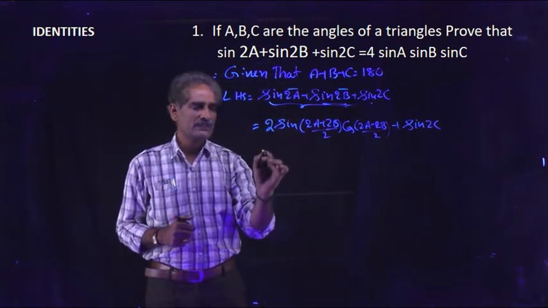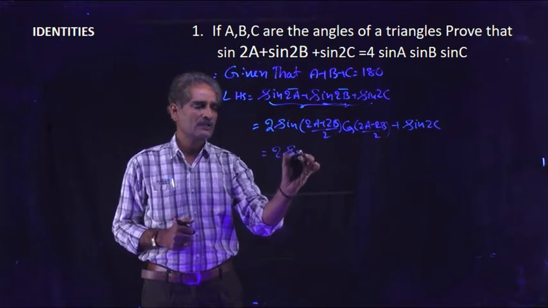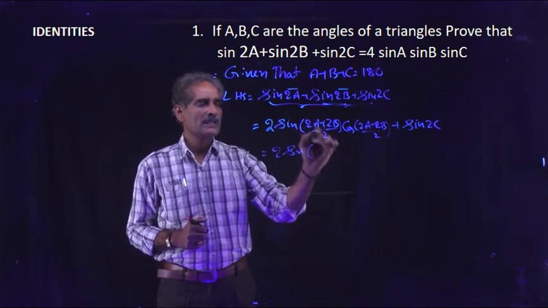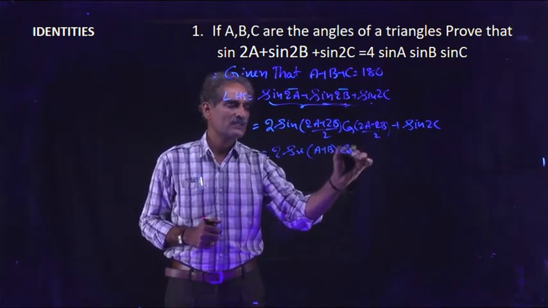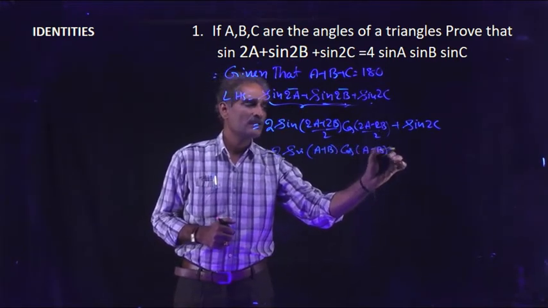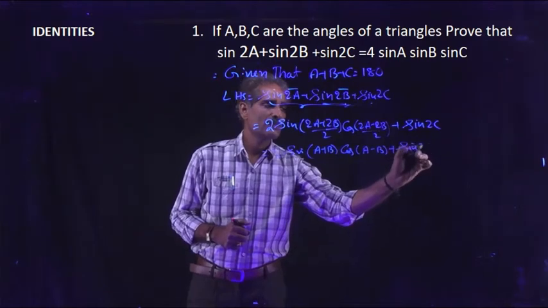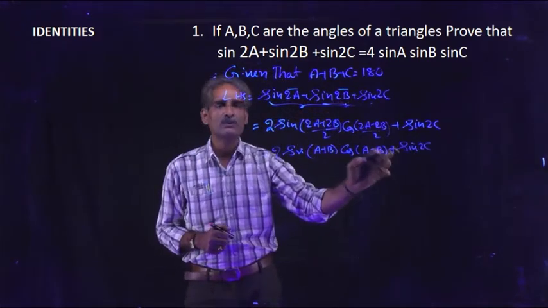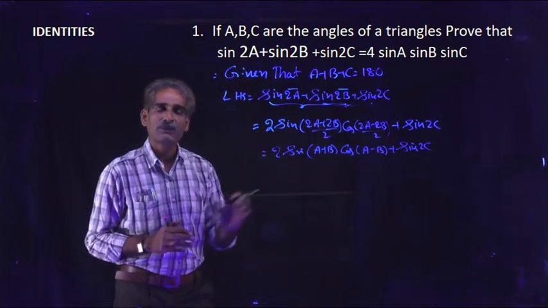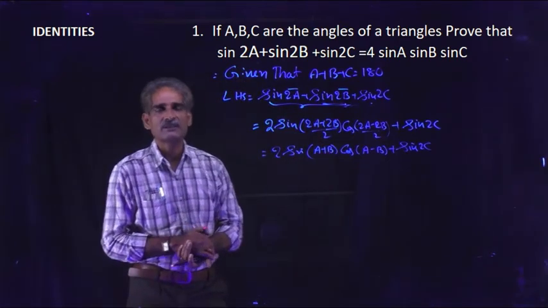Here we also get cos (A minus B) only, plus sin 2C. So here there are two pluses, and if you apply once again, we will get the required answer.